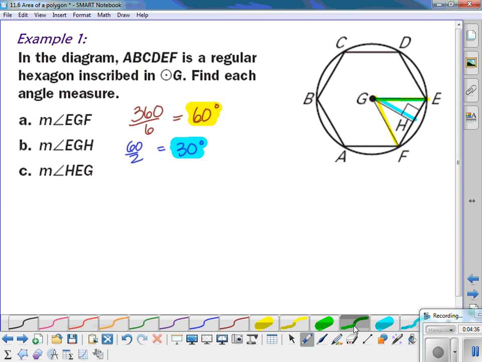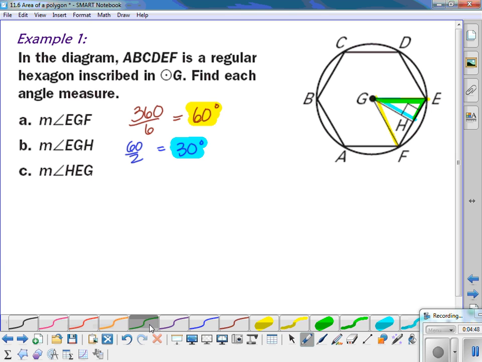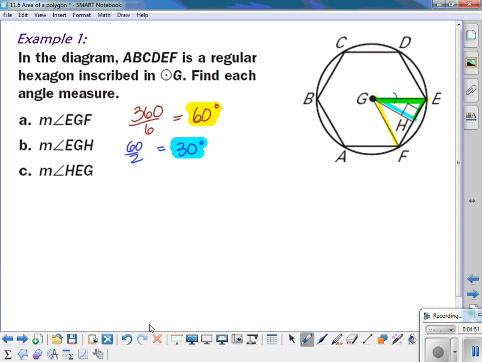And then finally, they want me to find the measure of angle HEG. So HEG is here. And so basically I already know that this is 30 degrees up here, and then they told me that angle GHE was a right angle, so that leaves 60 degrees left over for angle HEG.